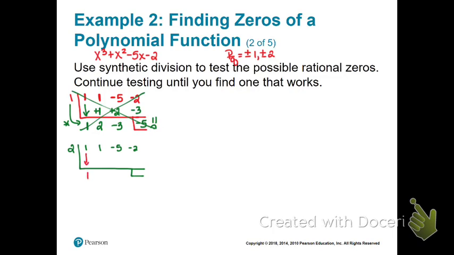Bring down the first number times the 2 on the outside. 1 plus 2 is 3 times the 2 on the outside. Negative 5 plus 6 times the 2 on the outside. Negative 2 plus 2. And so it worked. So yay, I don't want to lose this because this is going to be one of them. This is a 0, okay?